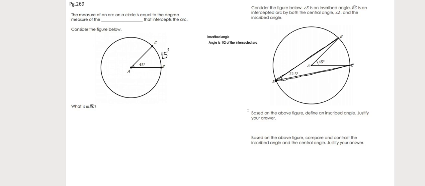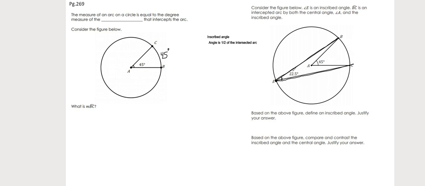I forgot how to spell for a moment. So here, the angle is half the measurement of the intersected arc. Notice the intersected arc is the same as the central angle. So the intersected arc here is BC.